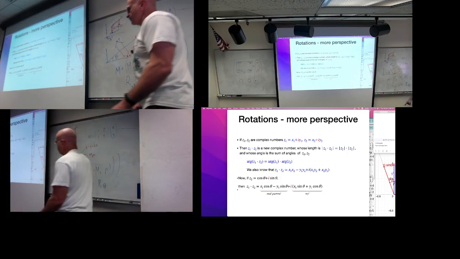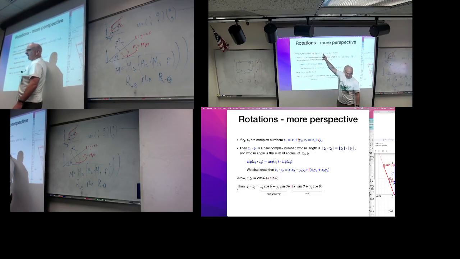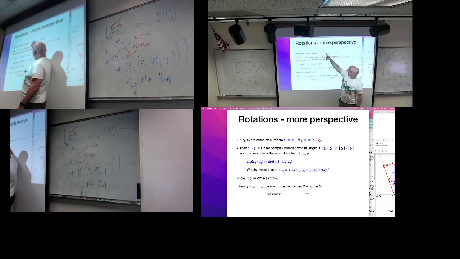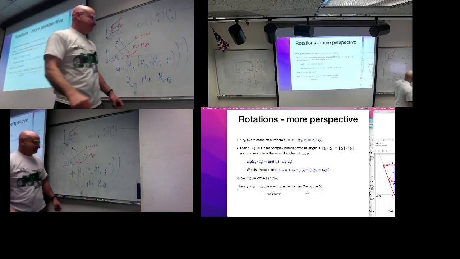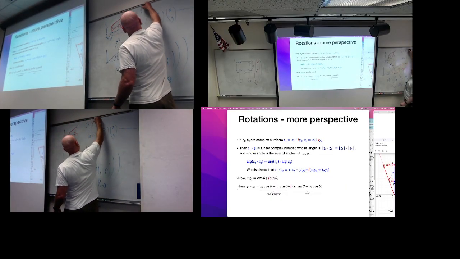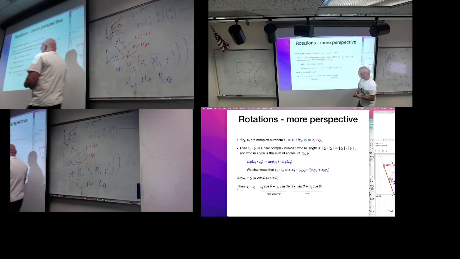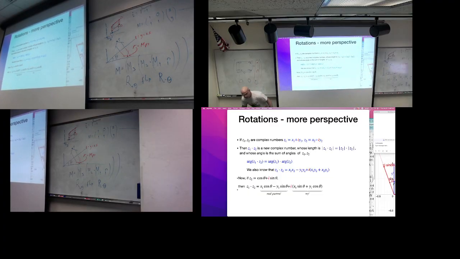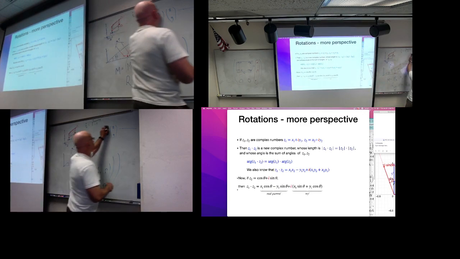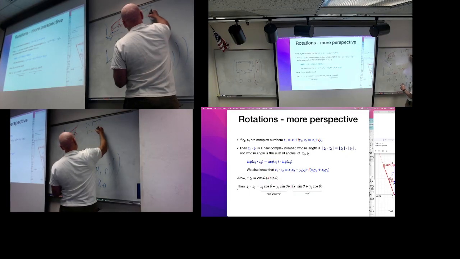But first, with complex numbers. If I have two complex numbers, remember, one complex number, Z1, has a real part, x1, plus i y1, where i is the square root of minus 1, in the sense that i squared equals minus 1.